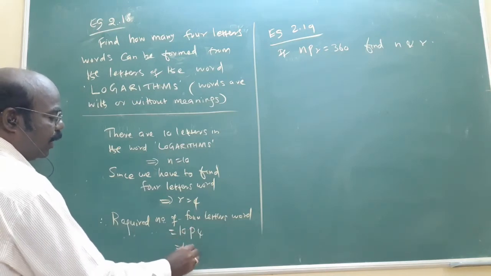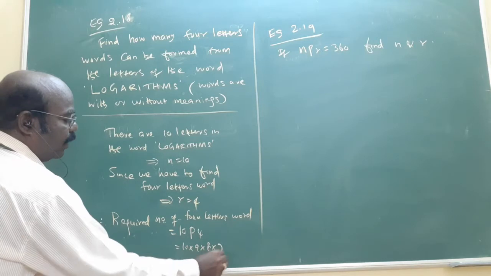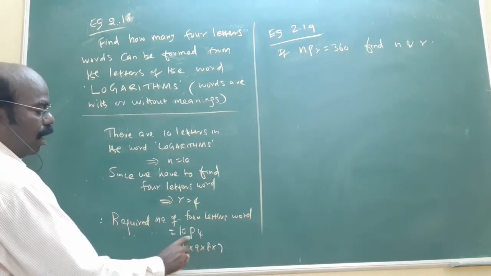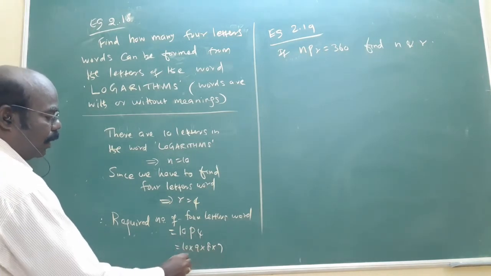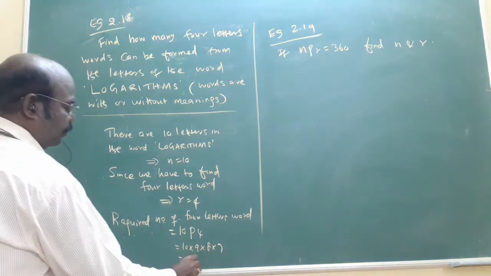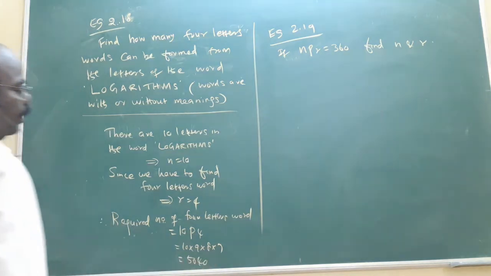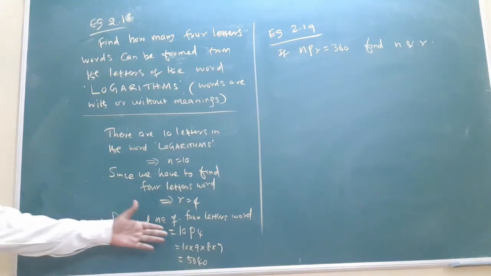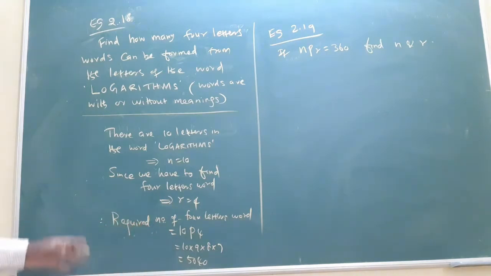What I told you? 10 into 9 into 8 into 7. We have 4 numbers. Start with 10. Now multiply. Multiply one by one: 9 into 10, 90. 8 into 7, 56. 90 into 56 equals what? 5040. That is the answer. Suppose some bigger numbers are coming in, by using the calculator you want to multiply both.